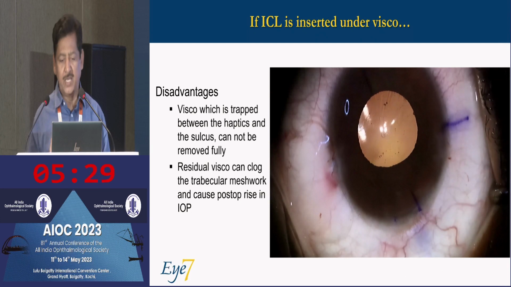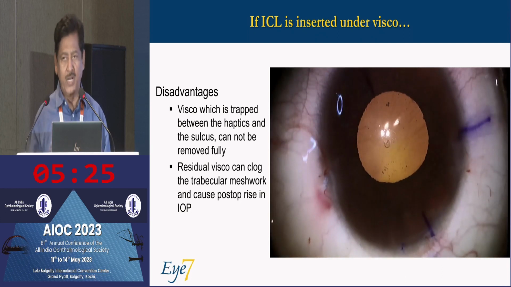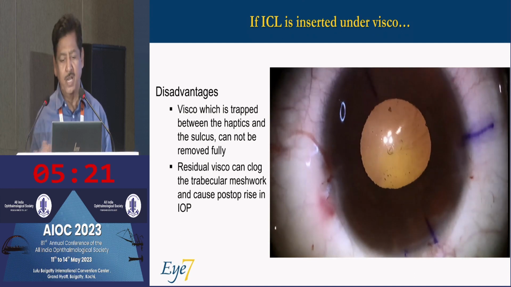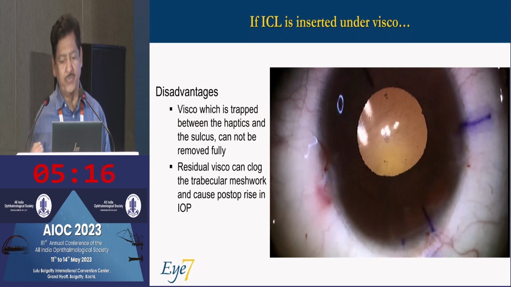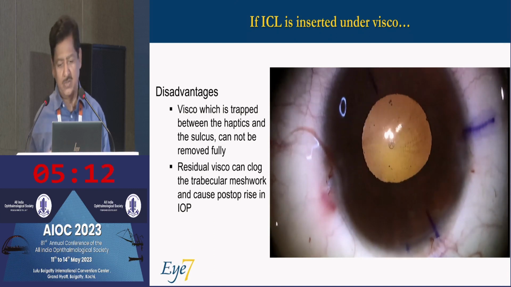In this case, I had thoroughly removed the visco for a minute, but when I took my irrigation aspiration out, the IOP came down and the visco started moving in under the ICL from the periphery to the center, and through the central hole it kept coming out and out.